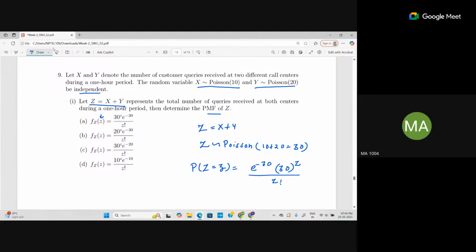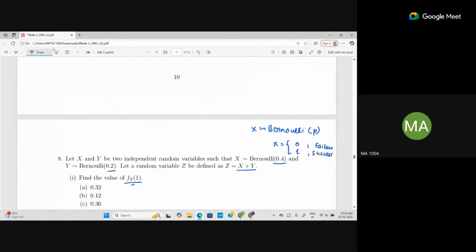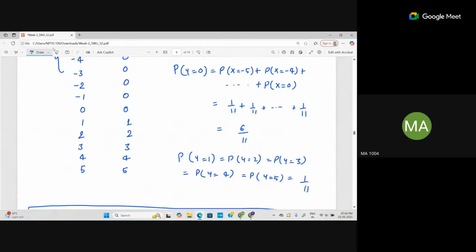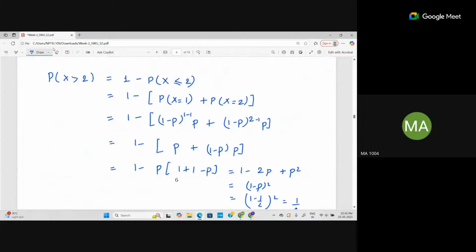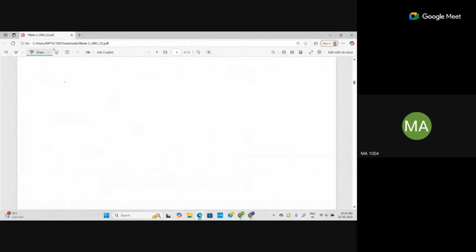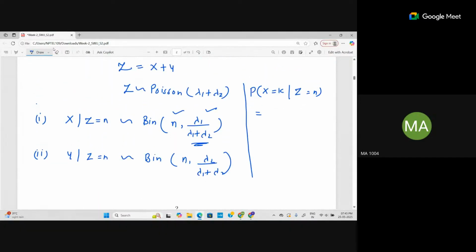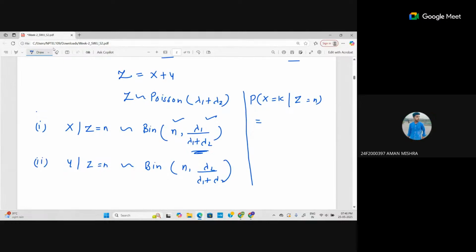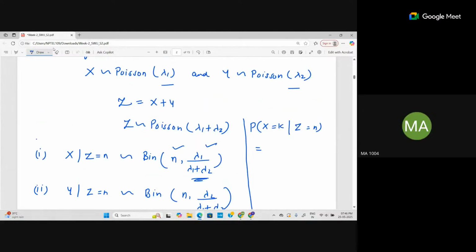It is based on that concept we discussed earlier. Let me show you once again. This is the concept. x was Poisson, y was also following Poisson, and z was Poisson with lambda 1 plus lambda 2.